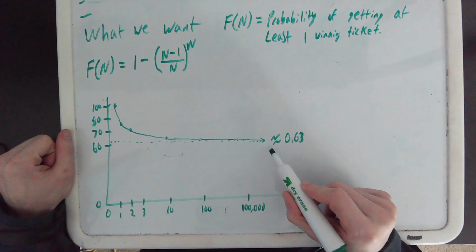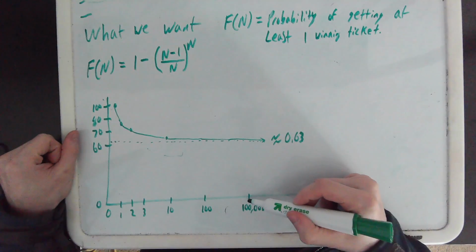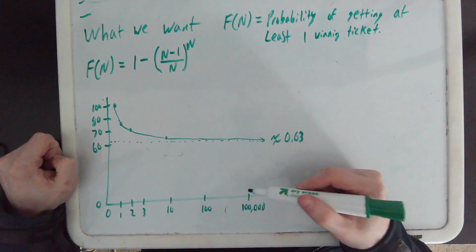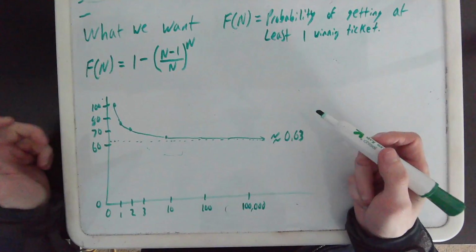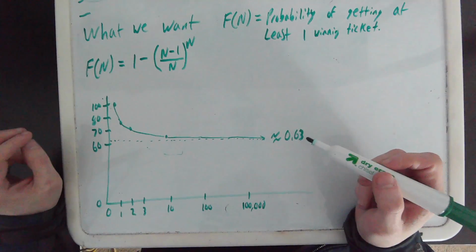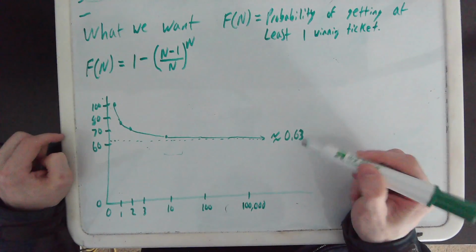But it still falls within that notion we talked about earlier, where, for example, if we're at n equals 100,000, so that means every lottery ticket has a 1 in 100,000 chance of winning, but we buy 100,000, we still are probably going to get at least one winning ticket. We're going to get one winning ticket with around 63% chance.